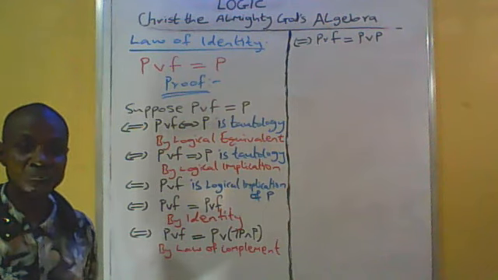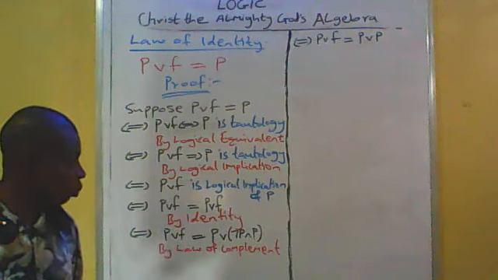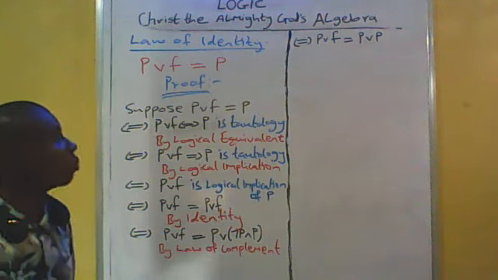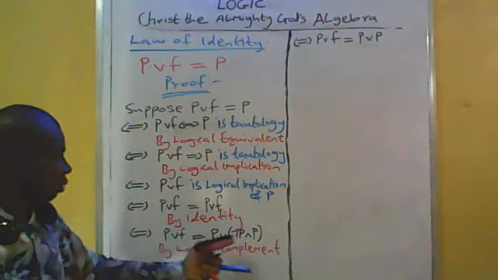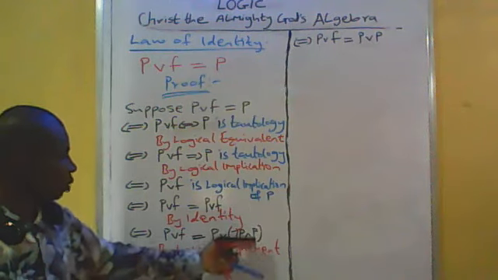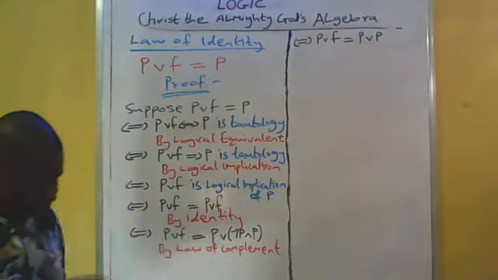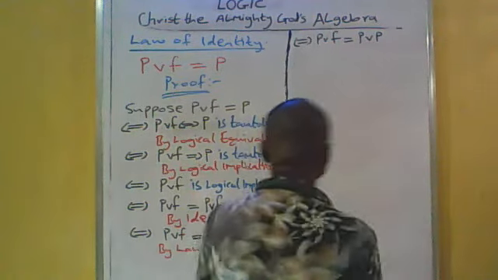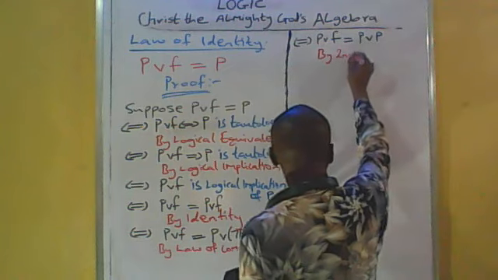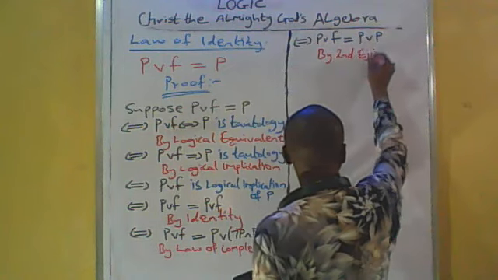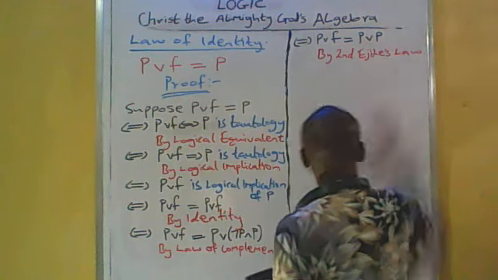So by second Ejike's law, P or bracket not P and P is equal to P or P. That's why we substitute P or bracket not P and P with P or P, being justified by second Ejike's law.